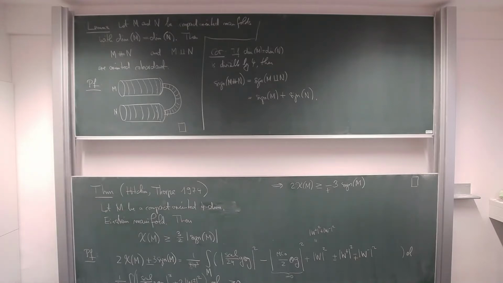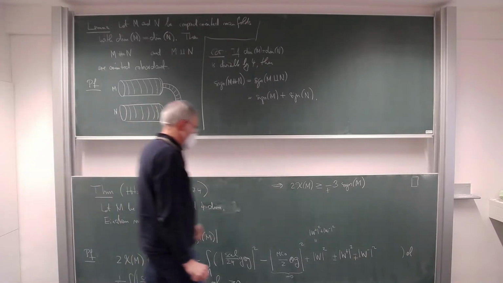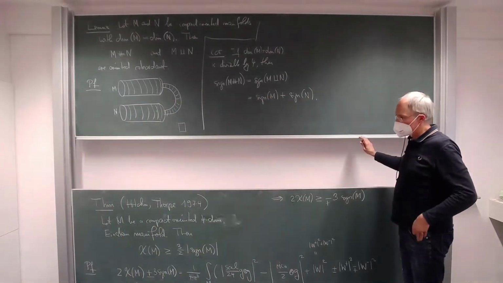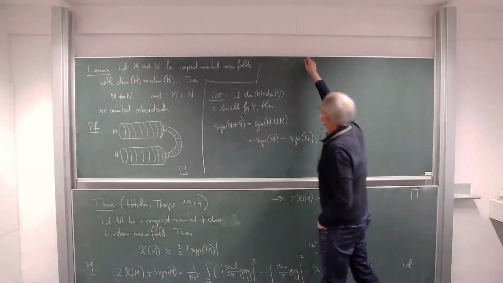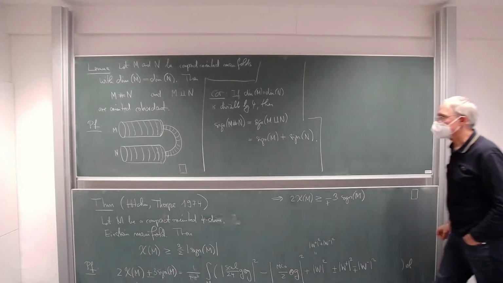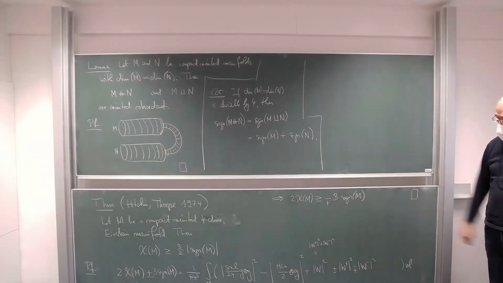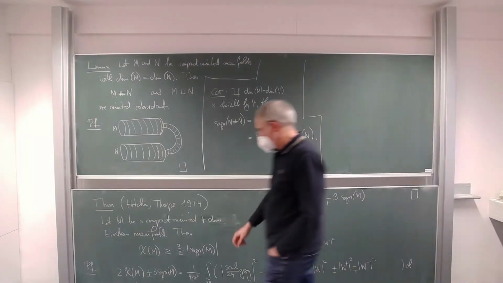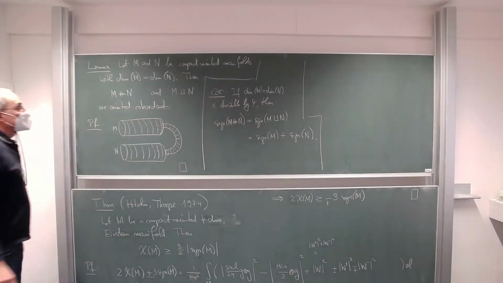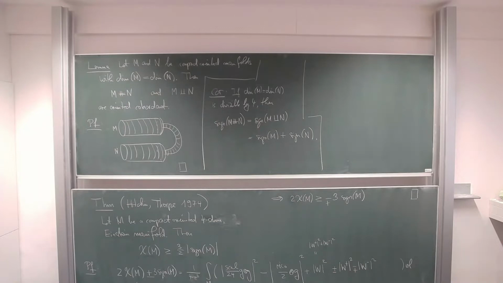Whereas the signature is. So they are really different in nature. Good. The Pontryagin numbers are all cobordism invariants. And the signature is one Pontryagin number, or by the Hirzebruch theorem, a combination of Pontryagin numbers.